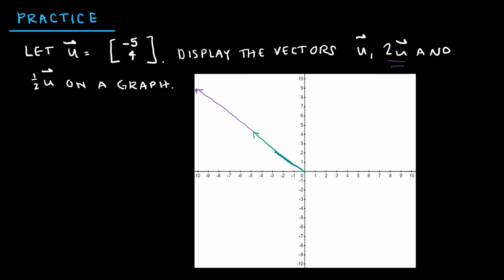And so again, notice that they're all in a nice straight line. And again, if I would have gotten crazy and said, hey, I want you to take negative 1/2 u, it would look the same, just going in the other direction. So just to get a visual of what that looks like, and that visual will be important later when we start talking about spans.